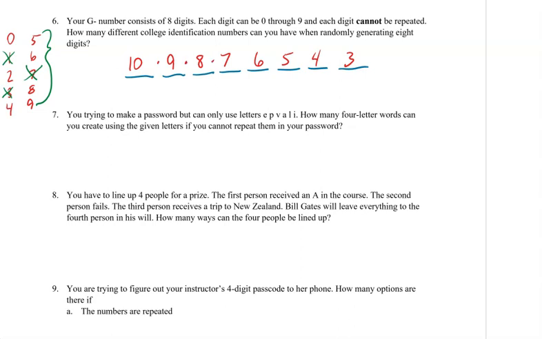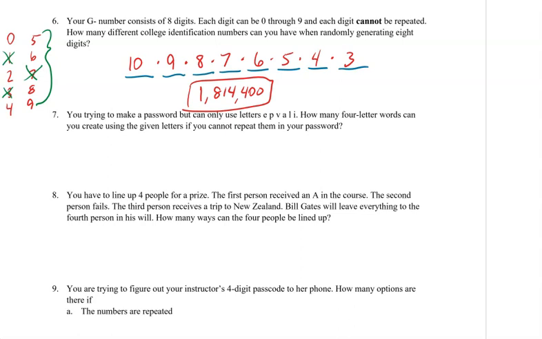Those are the numbers that we're going to multiply together, and you should get 1,814,400. That's the number of possibilities for a G number if the digits cannot be repeated. Now keep in mind that is much less than the 100 million that we got before if they can be repeated. So if numbers cannot be repeated, it should always end up being less than if they can.